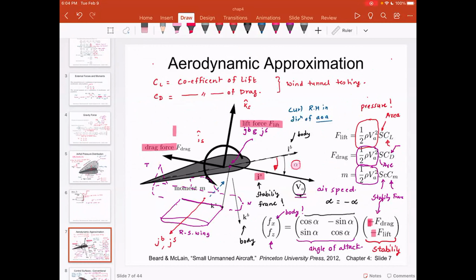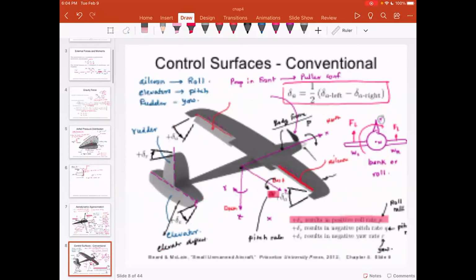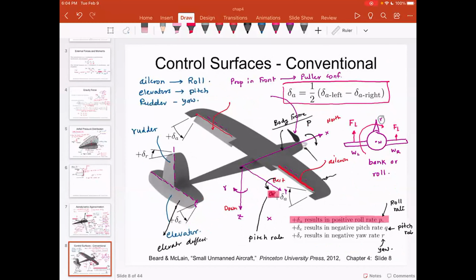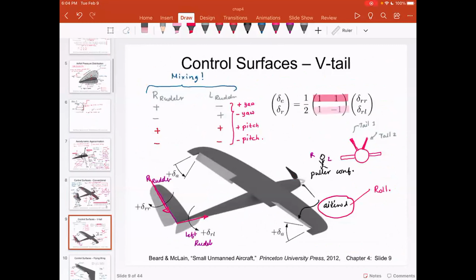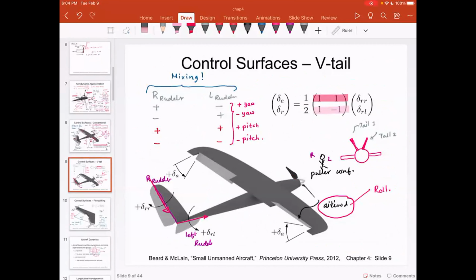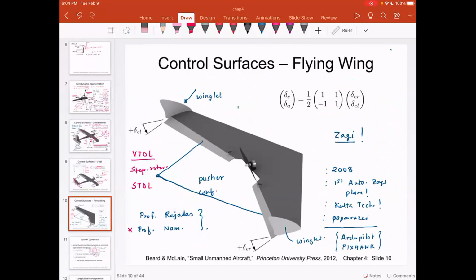We looked at the concept of dynamic pressure, which is 1/2 rho VA square. We looked at the control surfaces for the conventional aircraft. We looked at the control surfaces for the V-tail aircraft. We looked at the control surfaces for a flying wing or Zagi aircraft.